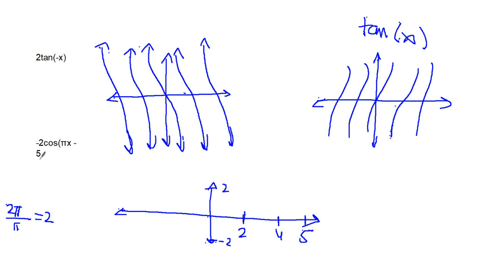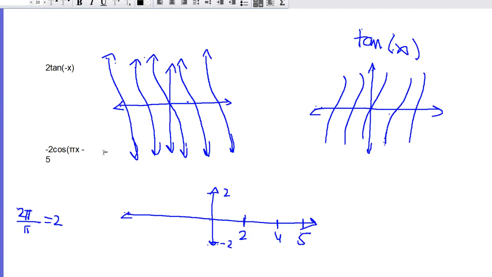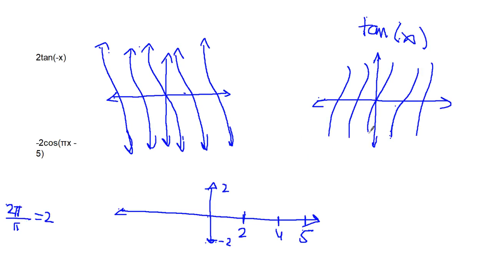And what's even weirder is it's minus 5. Yeah, I'm sorry, this is really bad. There's supposed to be parentheses right here to stop the confusion. It's a right shift of 5, so the graph will be something like this, right? And then on this side it'll look like this.